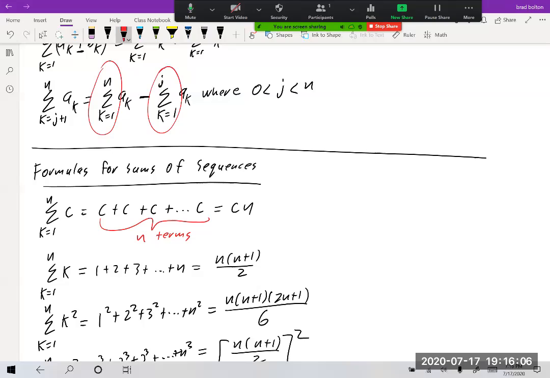So let's say I want to add up the terms from 6 to 10. All I do is I do the entire series from 1 to 10, and then I subtract off 1 to 5. And the leftovers would be 6 to 10. So it's a way that we can still find a sum without always having to start at the beginning. Okay?